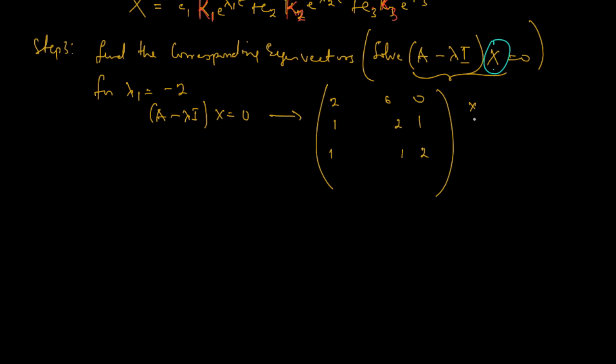We said x is the same thing as the column vector x, y, z, and the 0 here is actually the vector 0, 0, 0.